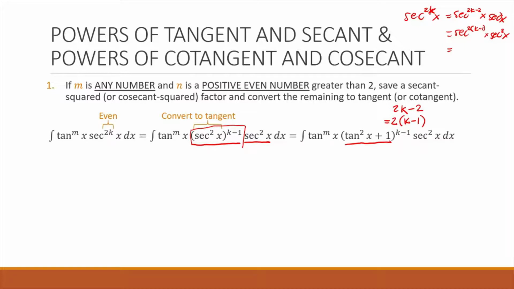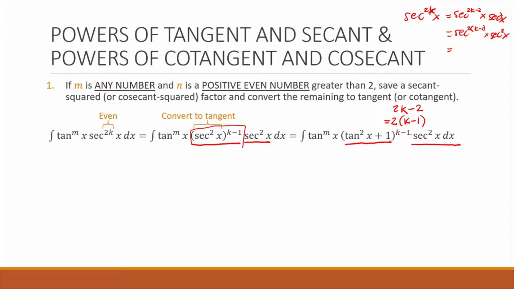We do this so that the resulting integrand is in this form. Kumbaga, after we expand this, kasi may maiwan na exponent, this k minus 1, if we expand this one and then distribute tangent raised to m, whatever the value of m is, after the expansion, maging sum of powers of tangent times secant squared x dx.